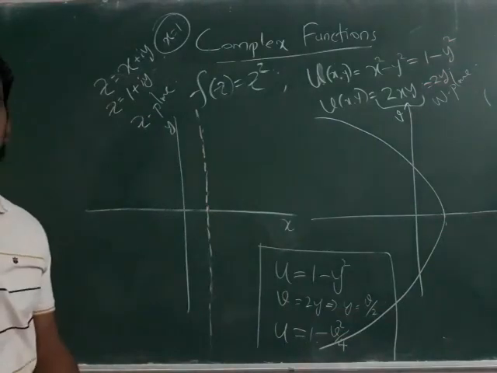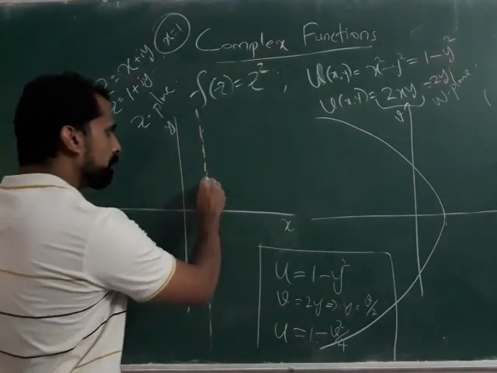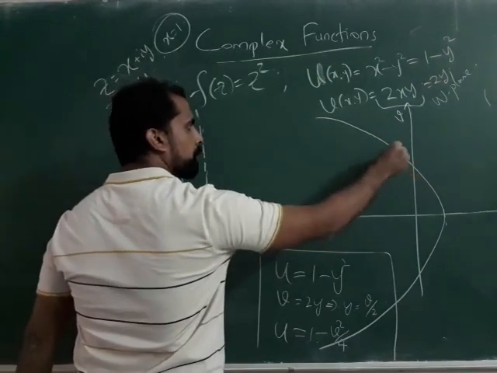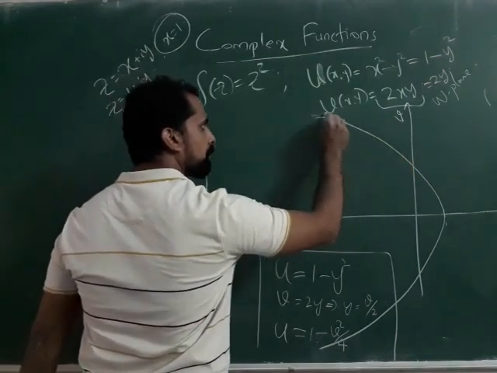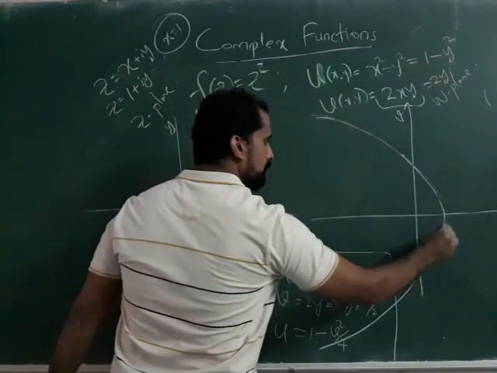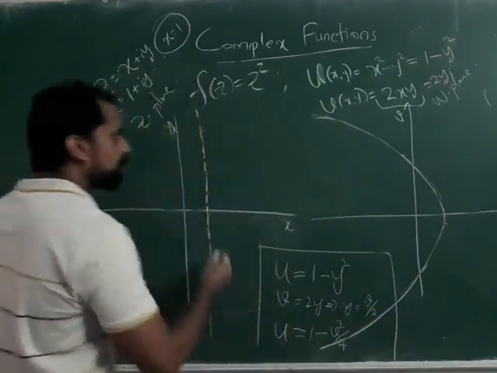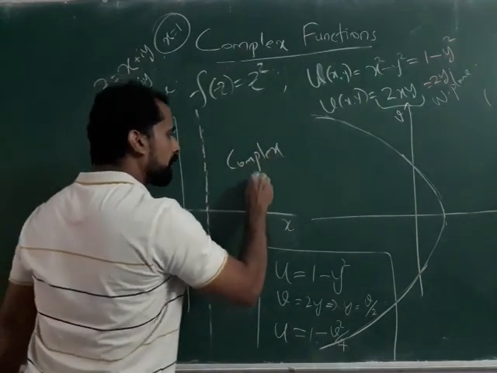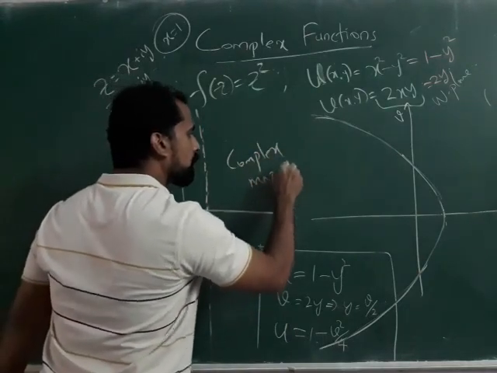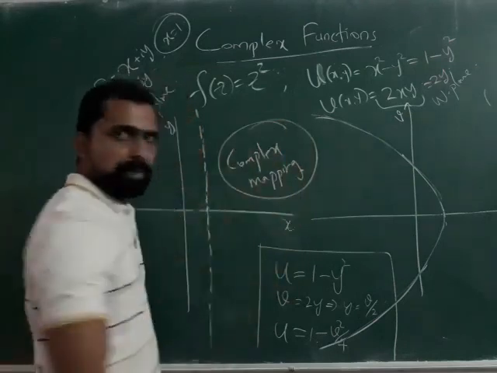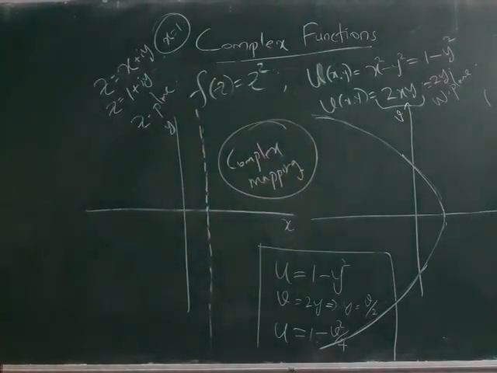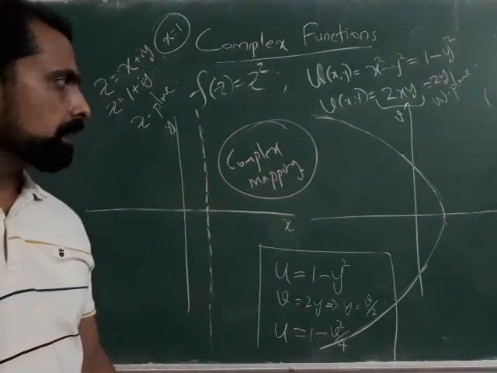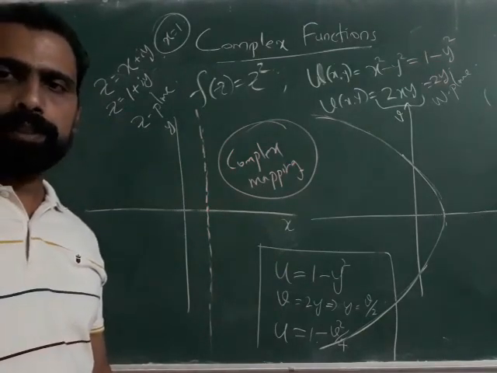This is the corresponding mapping. For each y you will get u and v. In this fashion, this is called complex mapping. I will just wind up here, and some other concept we will do in the next video.